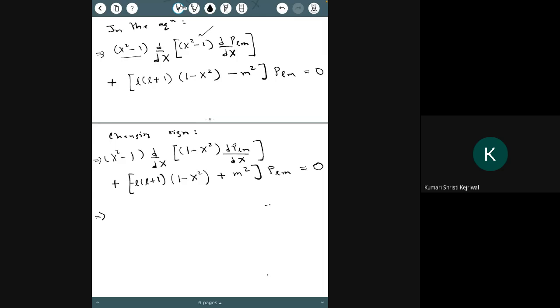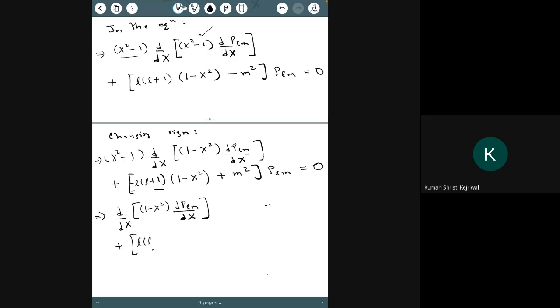And then I divide throughout by x squared minus 1. So all I want to do is have 1 minus x square everywhere instead of x square minus 1. That's my goal. If I divide throughout by x square minus 1, then I have d/dx of 1 minus x square d/dx. Then in this term, my minus sign goes away.